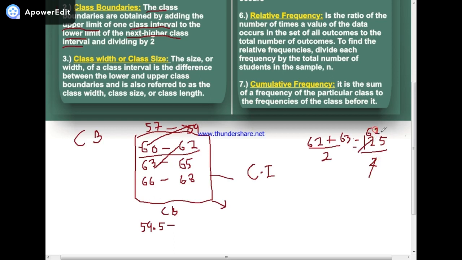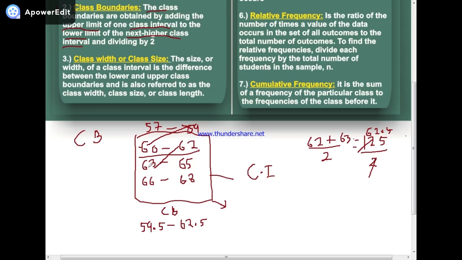That is 62.5. So that means our upper class boundary of this one will be 62.5. So that is how you are going to look for the second class interval and the third class interval.